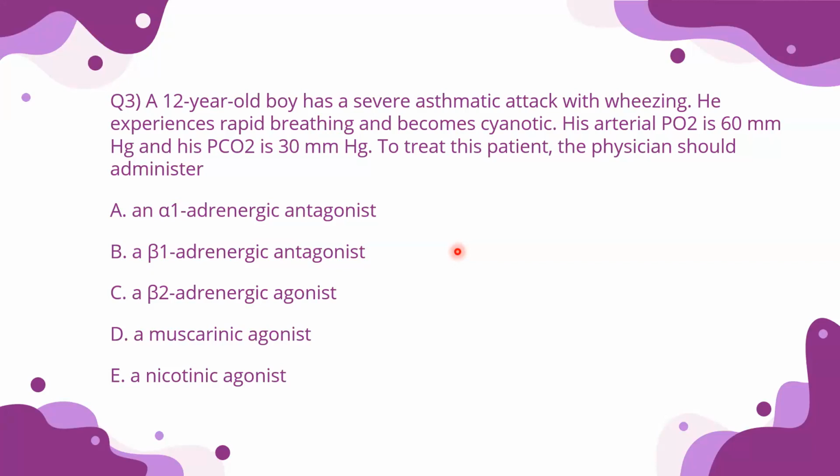Basically, this patient is having an asthmatic attack. He is having bronchoconstriction and he can't breathe properly. Don't think of asthma in terms of restrictive or obstructive disease. He has bronchoconstriction. We need to give him something to cause bronchodilation.